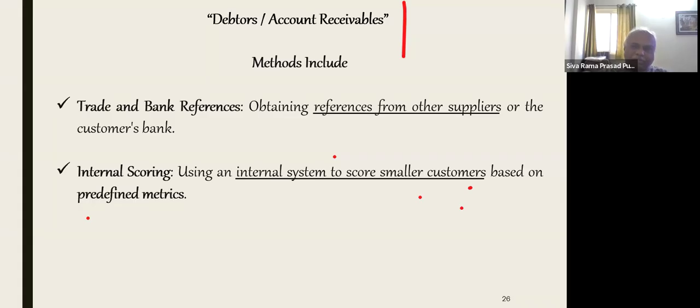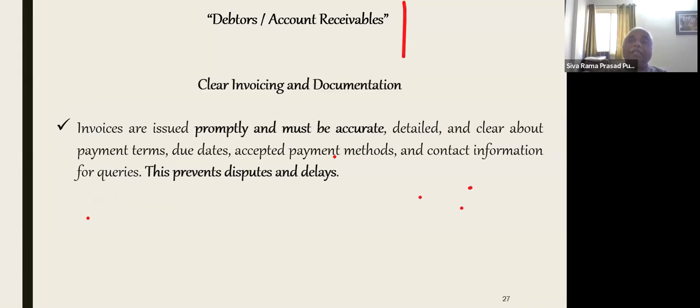So the internal scoring, the clearing of invoices and documentation. Every company, whenever they give any loan to any corporate, definitely has documentation. Once this company obtained credit from the operational creditor and financial creditor, they gave documentation. Why? In the similar manner, whenever this company is giving loans or credit to others, definitely the same practice they will follow.